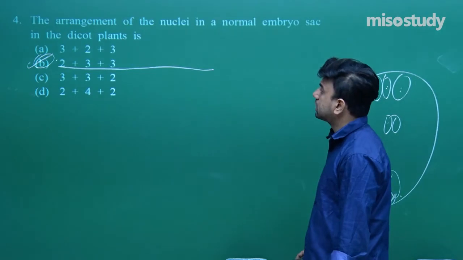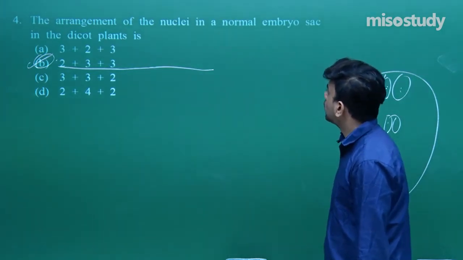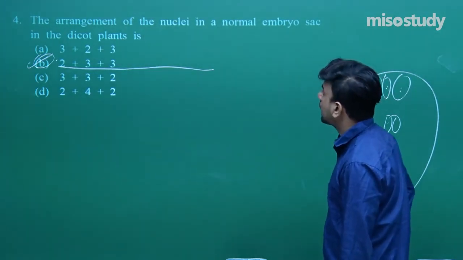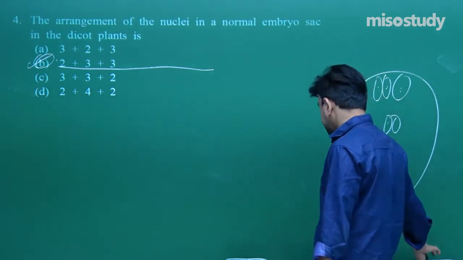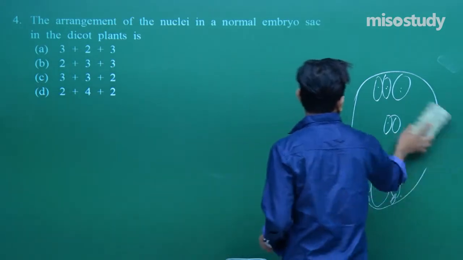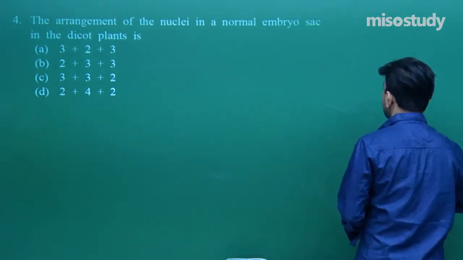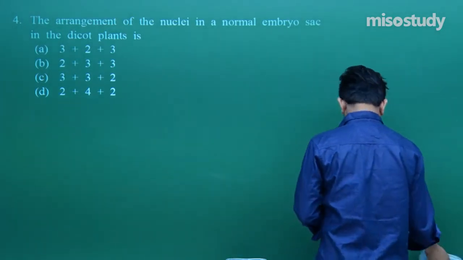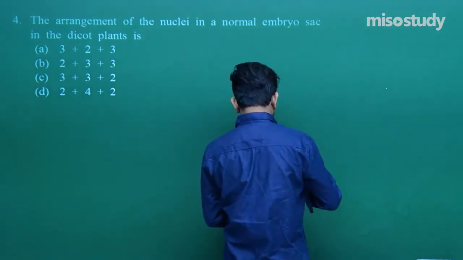Moving on to the next question, the arrangement of the nuclei in a normal embryo sac in the dicot plant is, so you know what we can write.